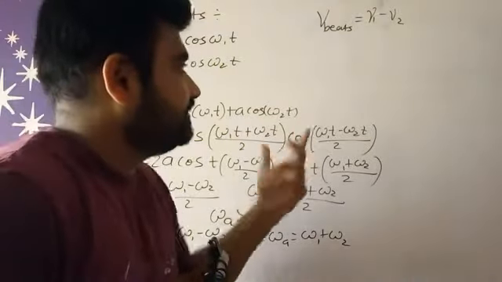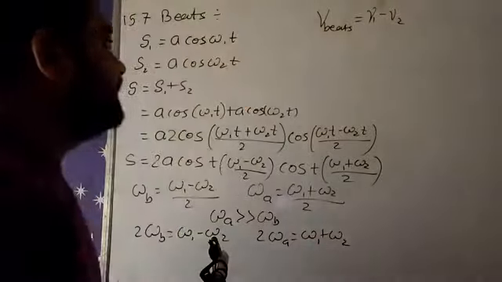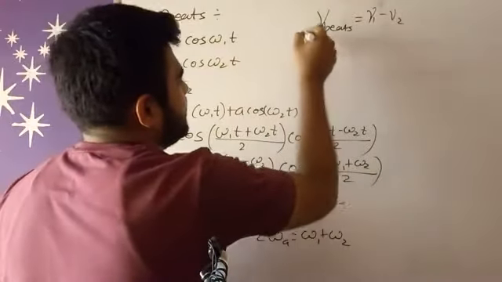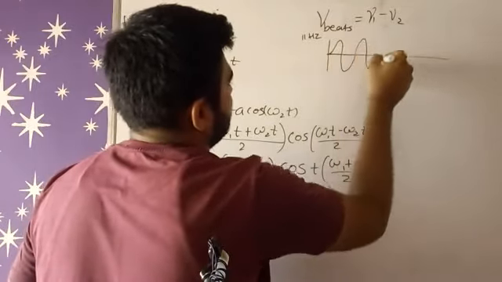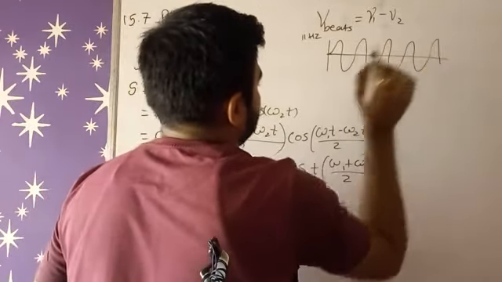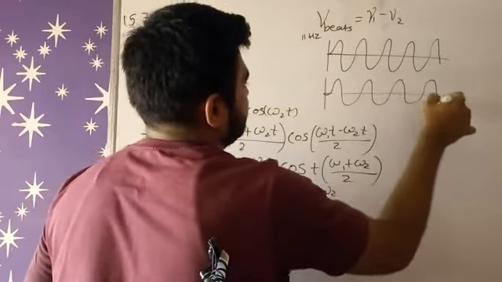Now I am representing these beats with a graph. Suppose we have one graph of 11 hertz, which means 11 oscillations in 1 second, right? And another graph of 9 hertz, 9 oscillations in 1 second.